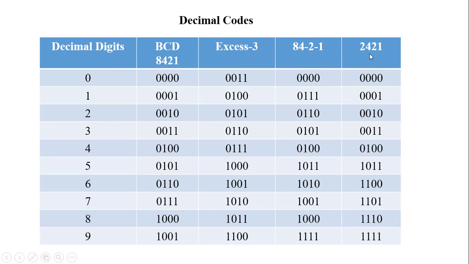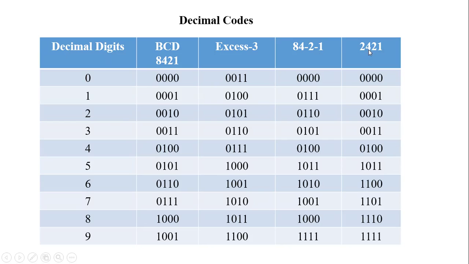Suppose we want to represent 5. So 5 is 4 plus 1. So the 4 bit is 1, this bit is 1, and these are 0. So 0 1 0 1 is the 2421 code of 5. The code of 7, so look, 4 plus 2 plus 1.